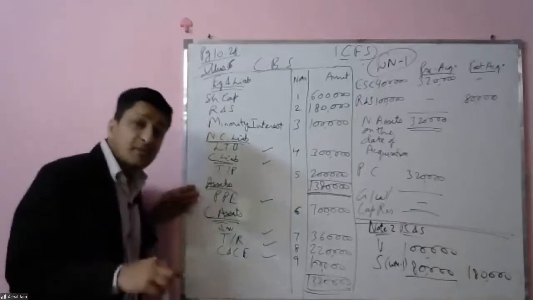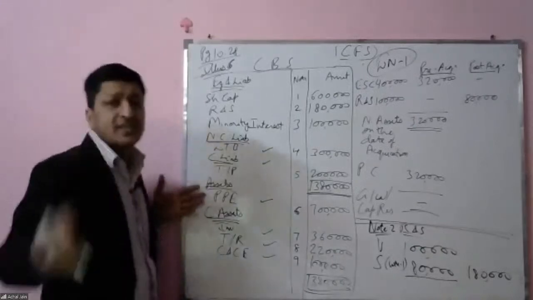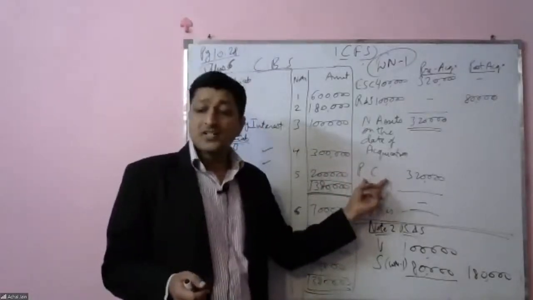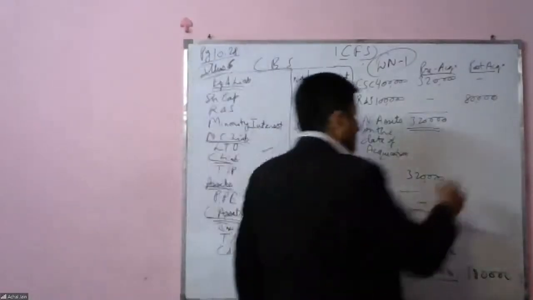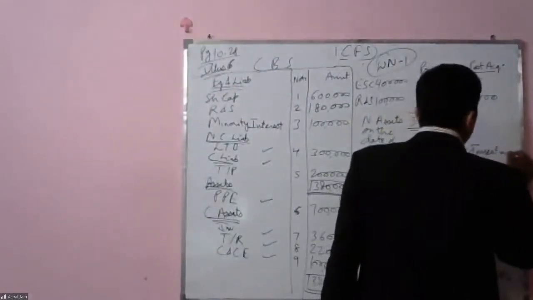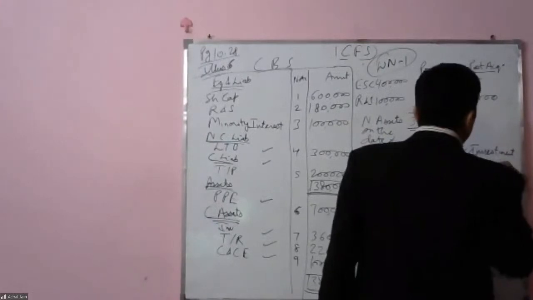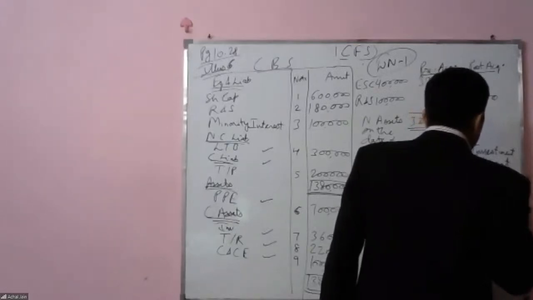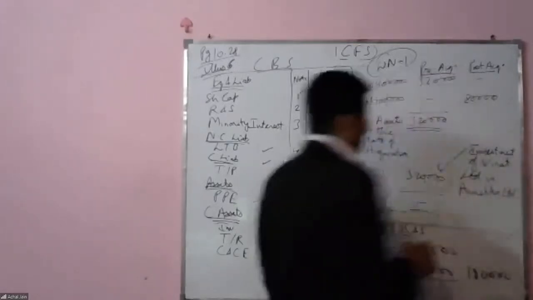So the investment of the parent in the subsidiary would also be picked up over here. What is this purchase consideration? This is nothing but the investment of the parent, that is Virat Limited, in the subsidiary.